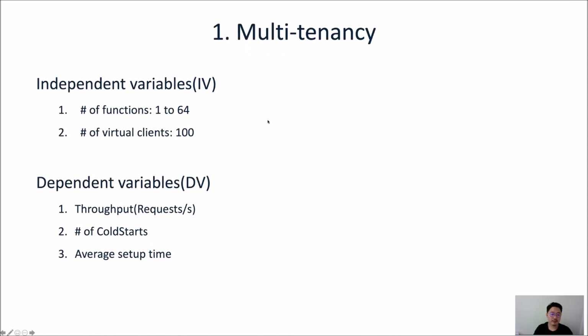The first one is the multi-tenant test. We increased the number of function types from 1 to 64, and we utilized 100 virtual clients, and we measured these metrics. The average setup time here means how much time each request has waited before the actual execution.